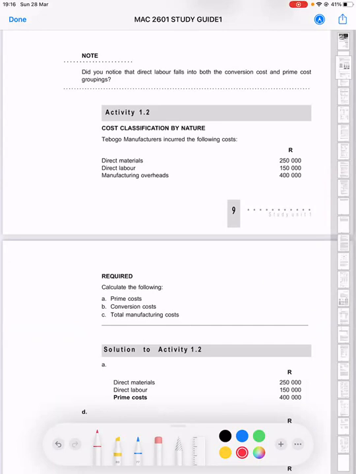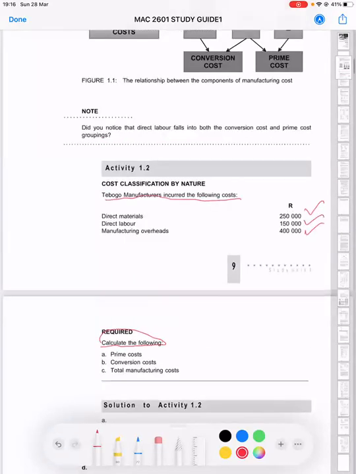We understand better when we talk about numbers than theory. They gave us a small activity. Tobacco manufacturers incurred the following cost: direct material, direct labor, as well as manufacturing overheads. Then they say calculate the what?